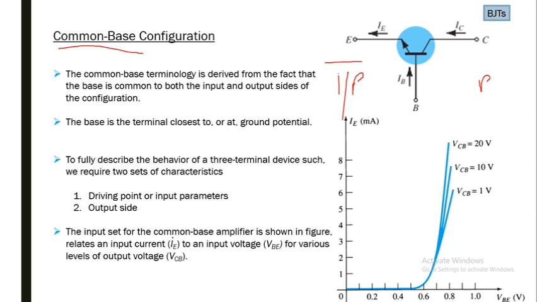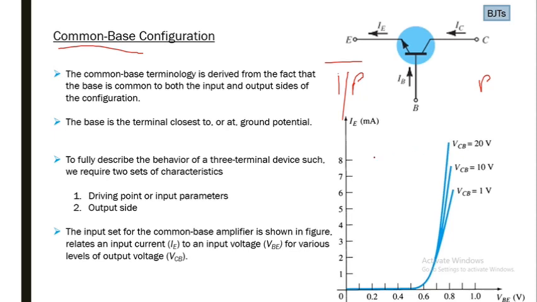The input set of the common base amplifier is shown in this figure, that relates input current, that is IE, to the input voltage, which is VBE, and we measure input current and input voltage against the output voltage, that is VCB. So for different collector to base voltage VCB, we will have a different curve.